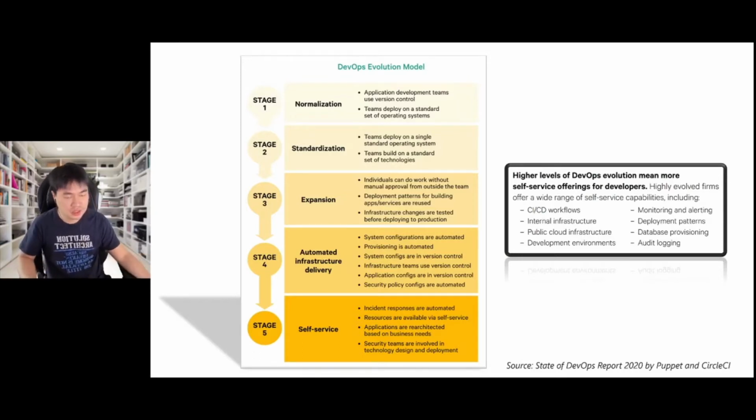This one also came from the State of DevOps report, and it shows the typical stages in a company's maturity in DevOps. Usually companies would start off with just standardizing, having everyone use a normal source control, and then let them standardize on certain engineering practices like, hey everyone, let's all change to agile.